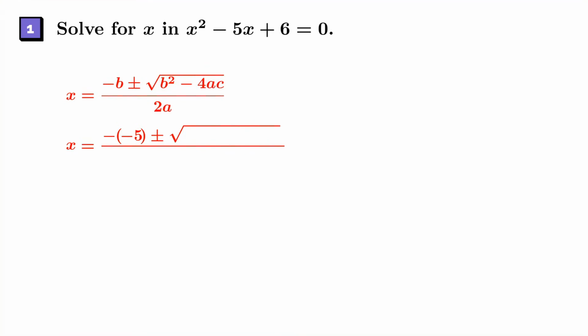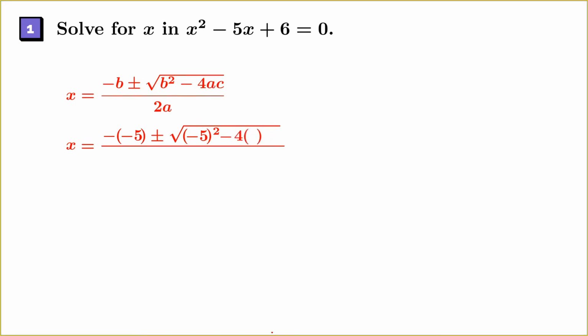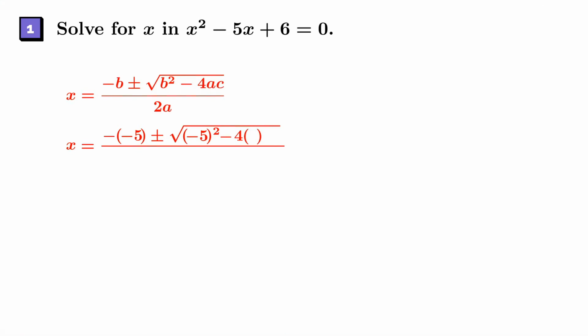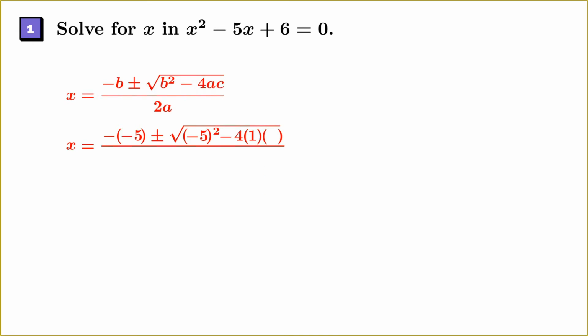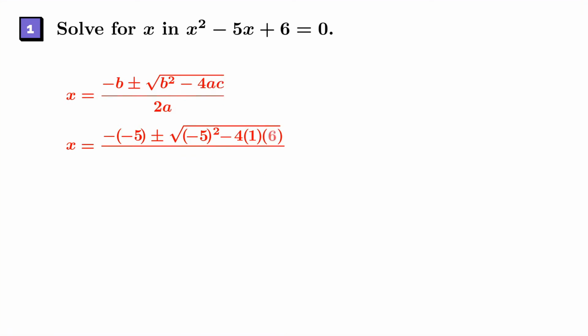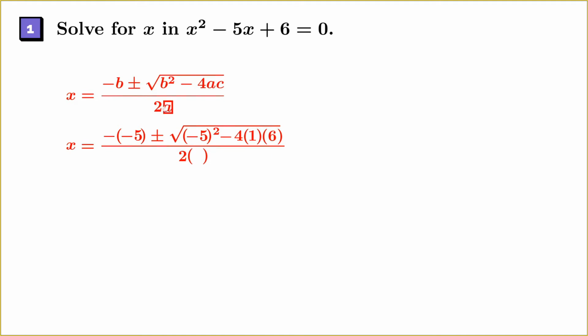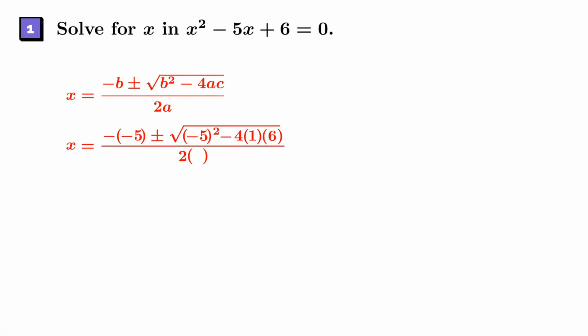So, that is negative 5 squared. And then, minus 4 times the value of a. So, that is 1. And then, times the value of c, which is 6. All over 2 times the value of a. So, 1 ulit.